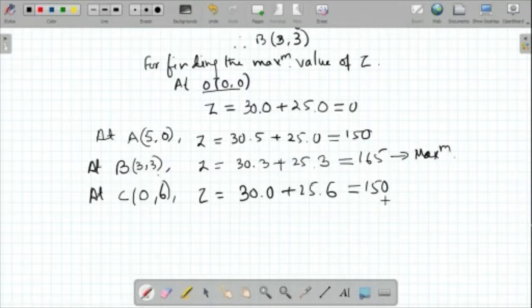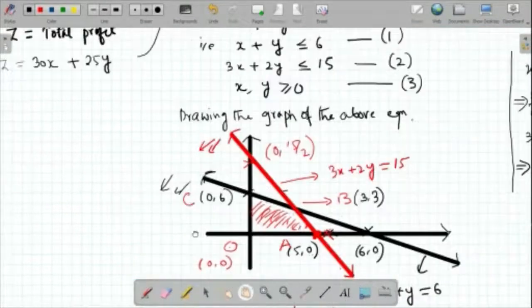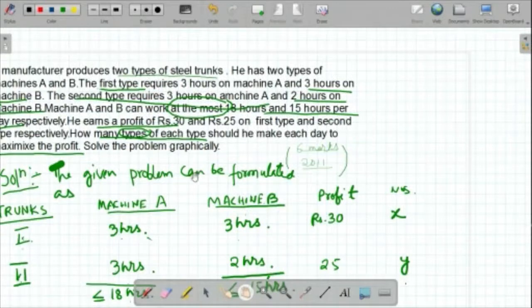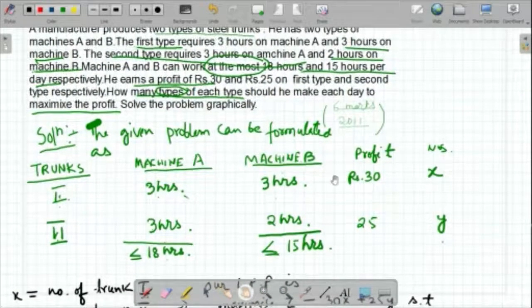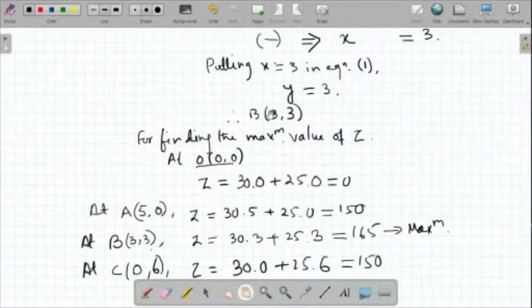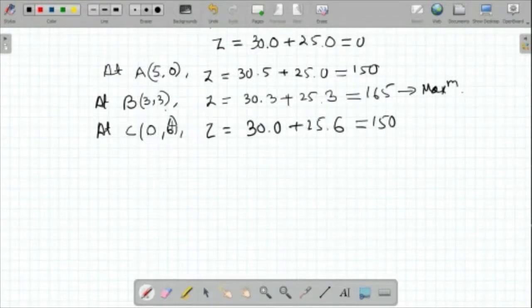Here we are getting the maximum. Now let's go back to our question. What does it say? Solve the problem graphically. So this is our solution.